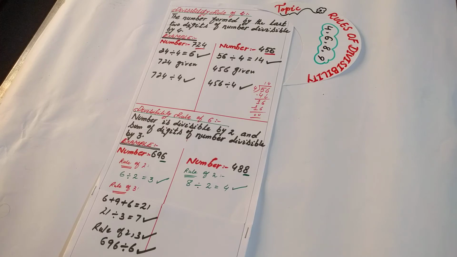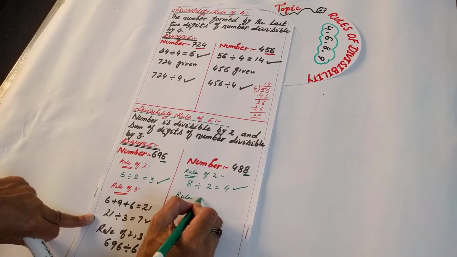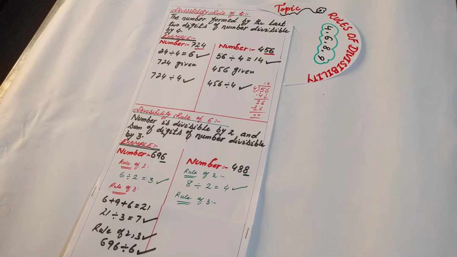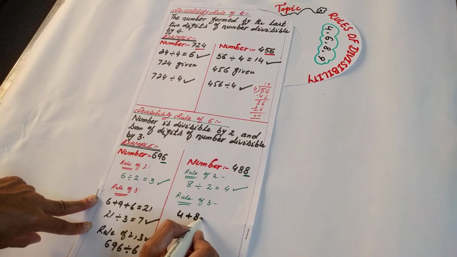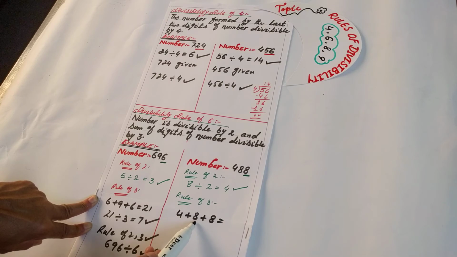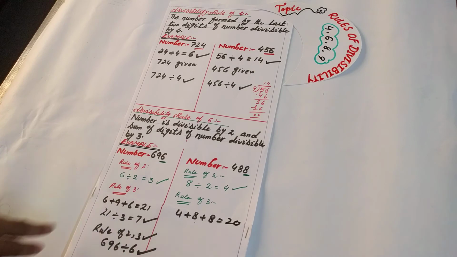Now let's check the second condition. The second condition is the rule of 3. What is the rule of 3? The sum of the digits of the number should be divisible by 3. Let's take the sum: 4 plus 8 plus 8. 8 plus 8 is 16, and 16 plus 4 is 20. Is 20 divisible by 3?